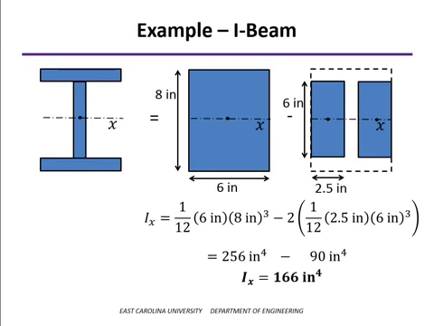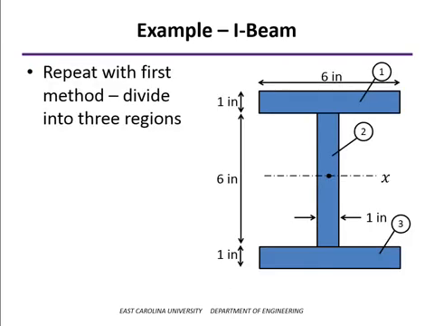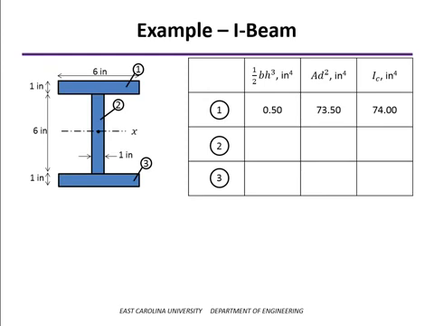Now, if we did this by the other method, in other words, our first method, by dividing it up into three regions, we do get a little more insight into the problem, perhaps. When we look at each of the flanges, we see that the 1/12 bh cubed term is very small, but the AD squared term is quite large.